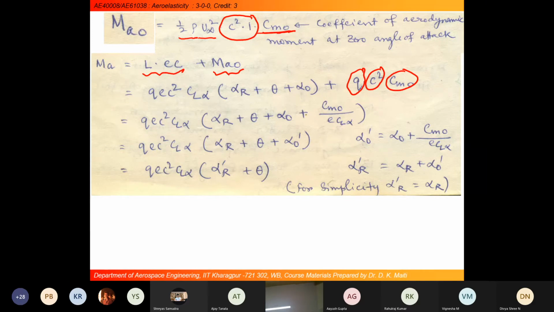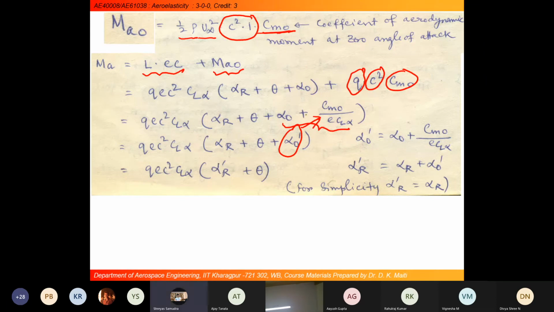And this Cm naught by E Cl alpha, I am defining as alpha naught prime. So I am combining these together to convert into an equivalent angle of attack, alpha naught prime.